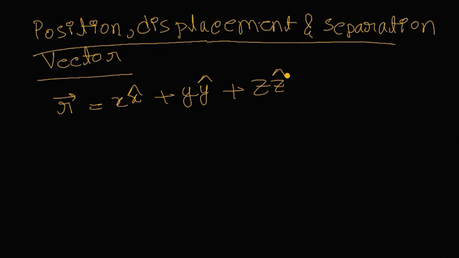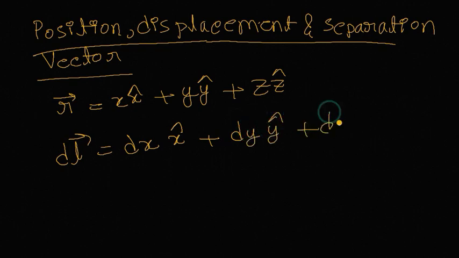Again, displacement vector is written as dl vector equal to dx x cap plus dy y cap plus dz z cap.